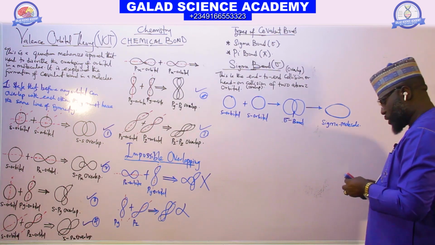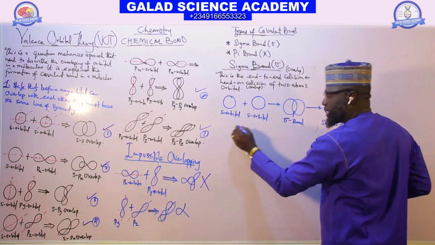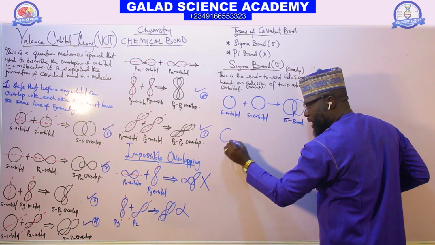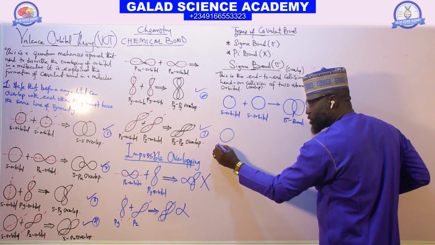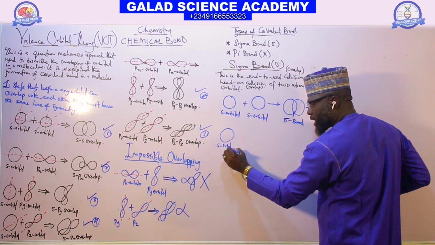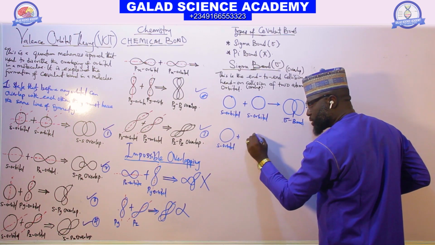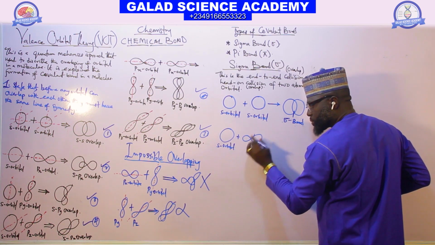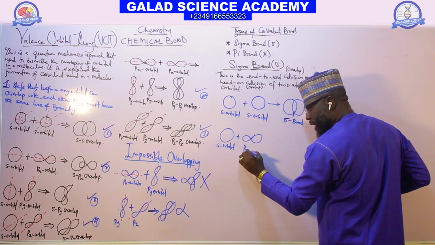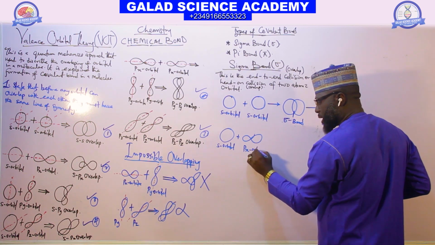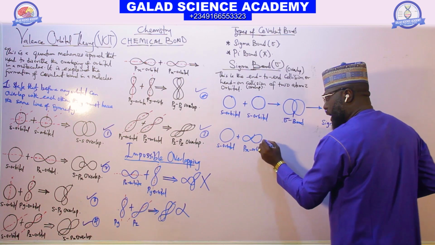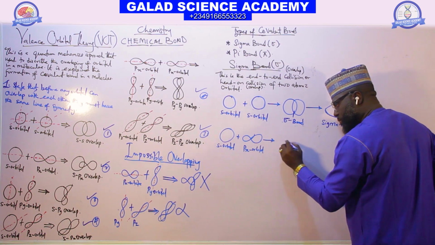Let us look at another one. The sigma bond can also form in this form: s orbital plus p orbital, and they overlap in this form.